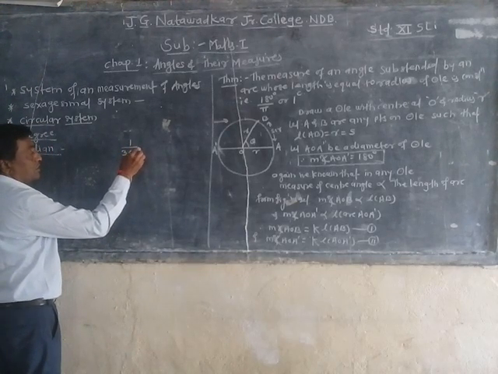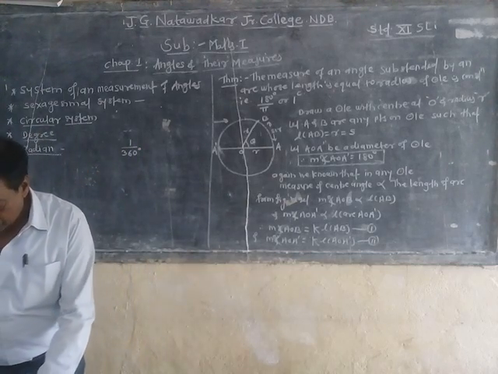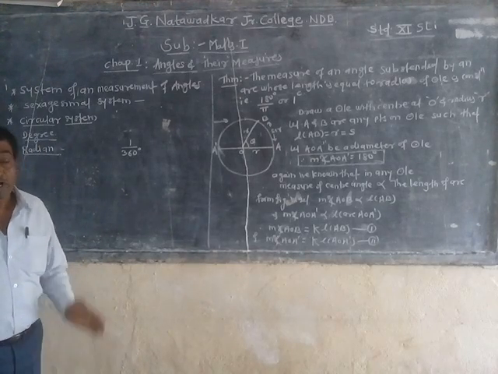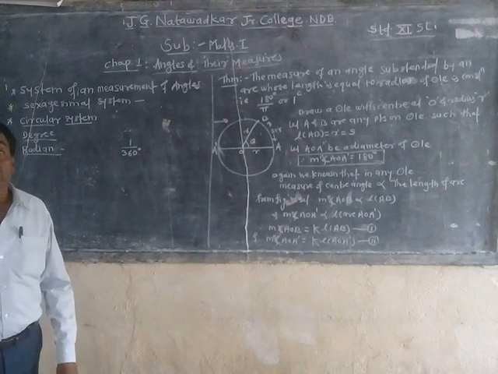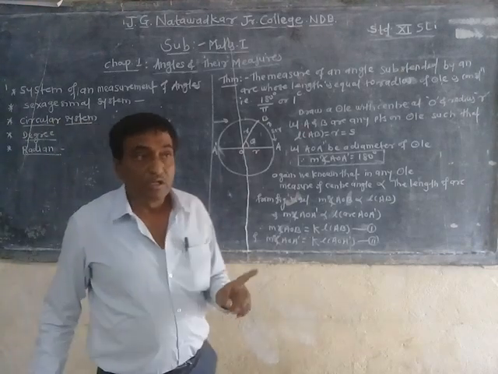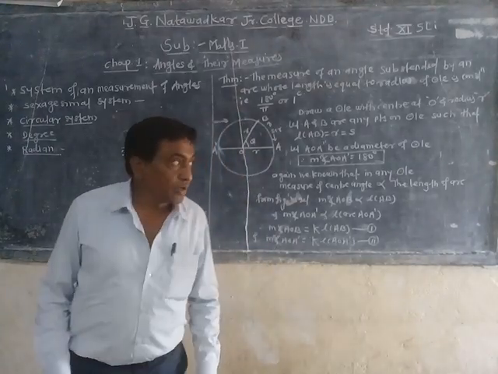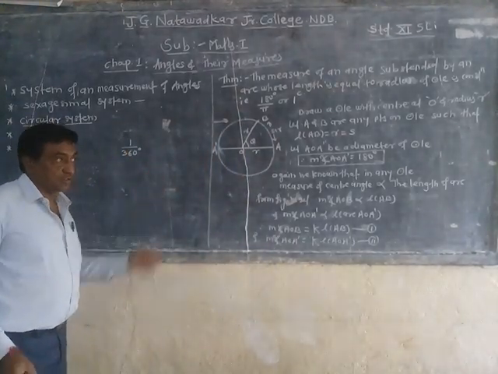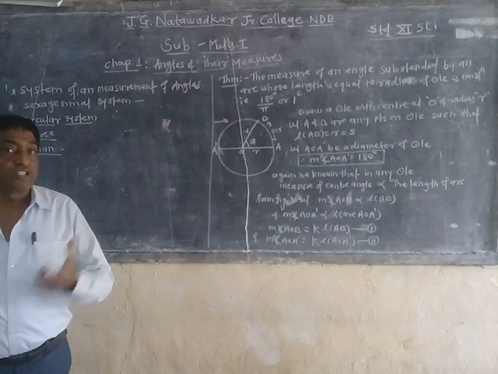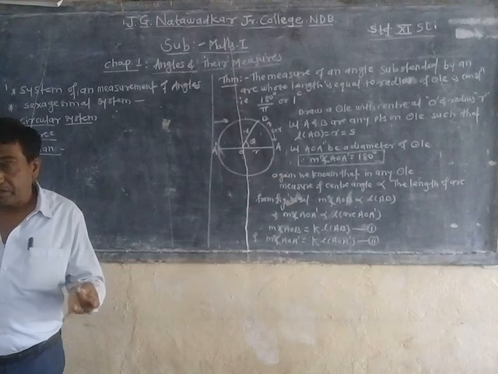The 1 upon 360th part of a complete circle is known as the degree. Understood? There are also sub-units in degree, that is, degree, minute and second.